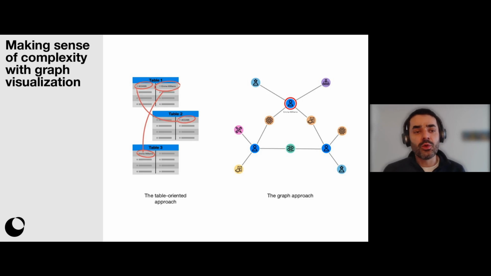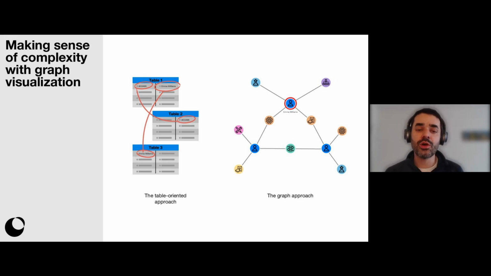Something that's also important is that making sense of the complexity in data can also be unlocked with graph visualization. So we've talked about the various graph algorithms, but graph visualization is very complementary when it comes to making sense of graph data. And here we have a very simple illustration of that. On the left, you have a table.